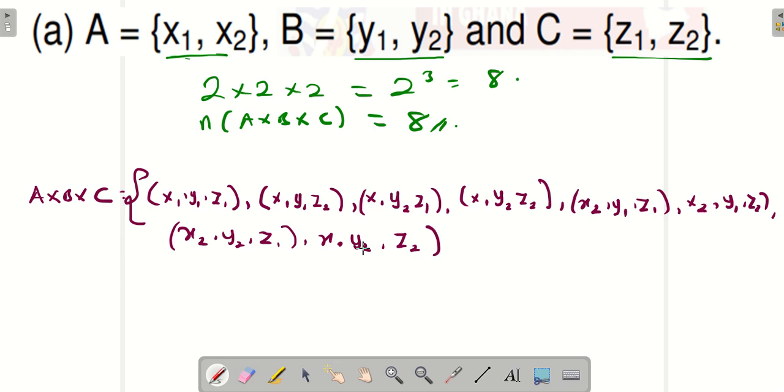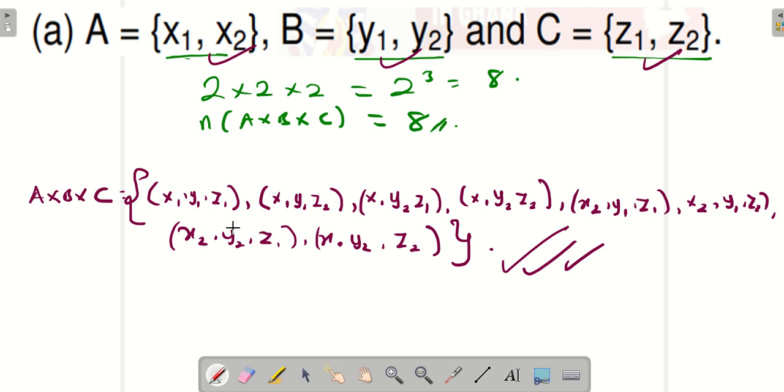So these are the ordered triples. These are the ordered triples, and this is what we call the Cartesian product of these three given sets. That is the first example.